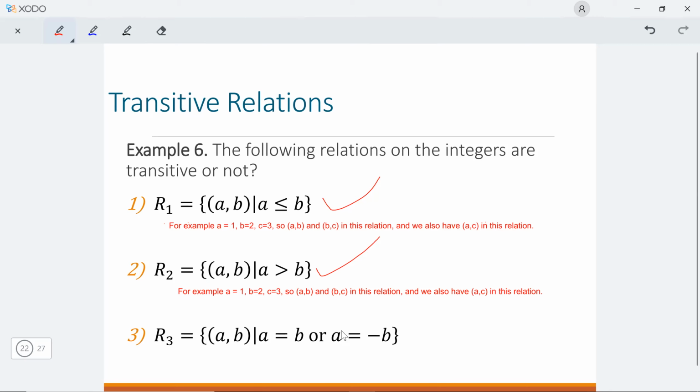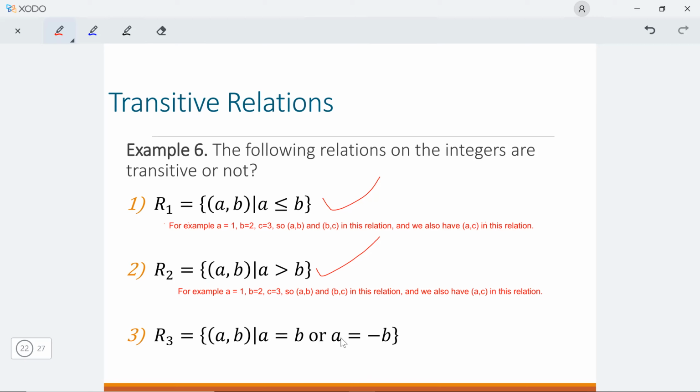And in the other case, if A is equal negative B, then what do we have? For example, if A equal 1, B equal negative 1, we have A equal negative B, where the double negative cancels out, so 1 equal 1. Now if A equal 1, B equal negative 1, and BC is also in this relation, then C is maybe negative 1 or maybe 1.